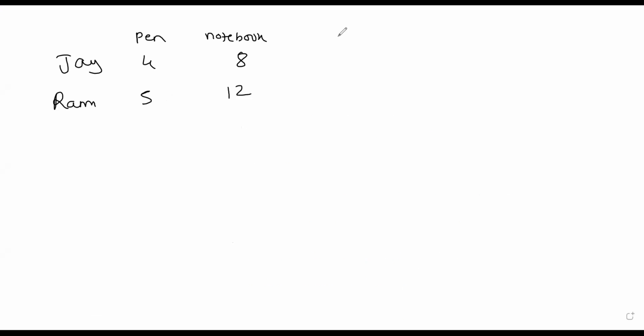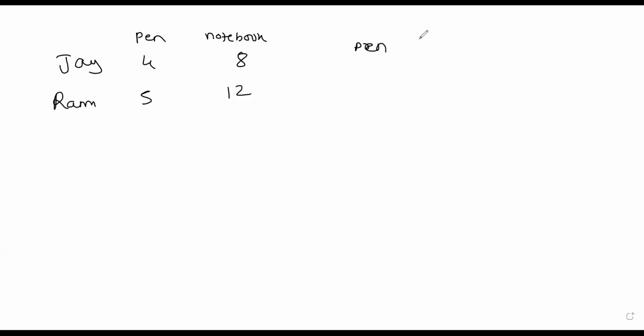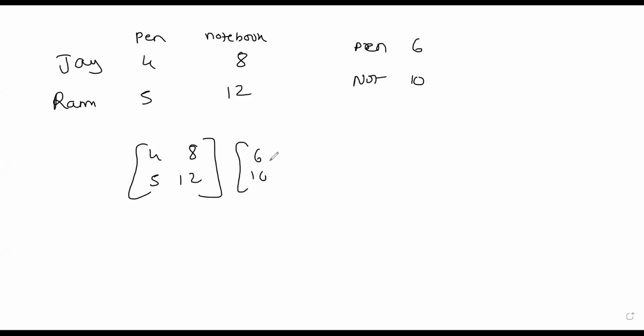And the price of pen. पेन की प्राइस क्या है? 6 and 10. Price of pen is 6 and notebook is 10. So it will be 4, 8, 5, 12 multiplied by 6 and 10.